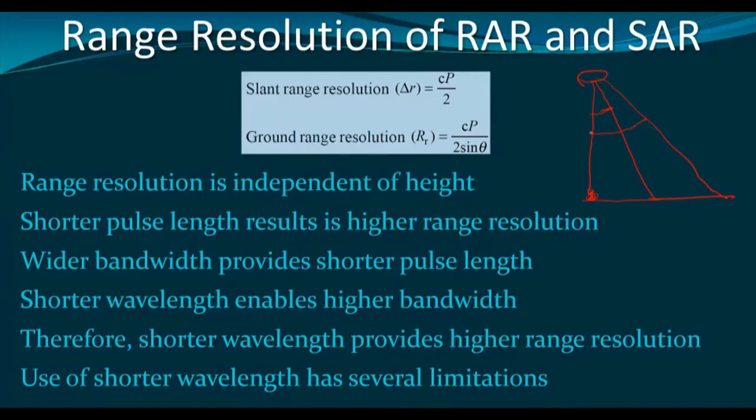Now, see, if the sensor looks towards the nadir, then the look angle will become 0 degree or 0 radian, whatever you say, it will become 0. Then sine 0 is equal to 0.